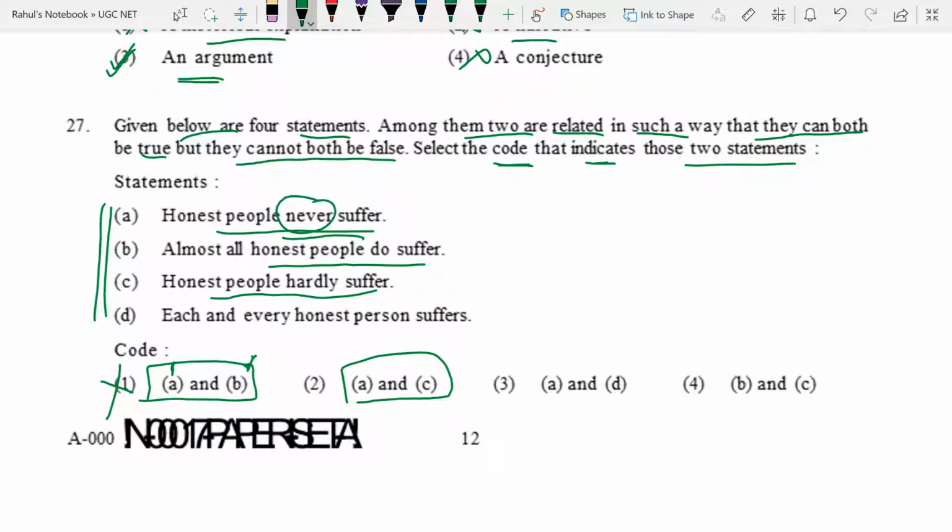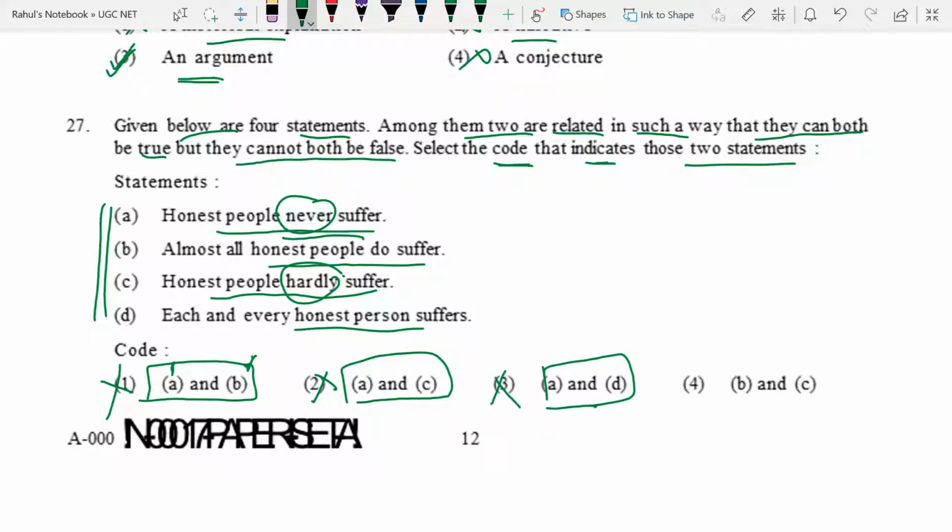Never suffer and hardly suffer, this is again not true, because never doesn't match with hardly. Option C, A and D. Honest people never suffer, and each and every honest person suffers. So it is completely contradicting. So again not the answer.